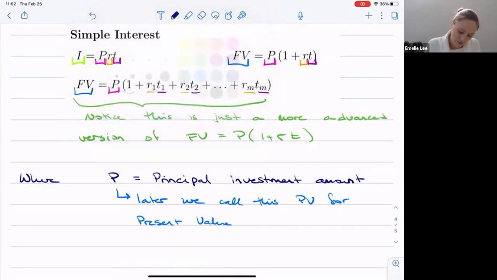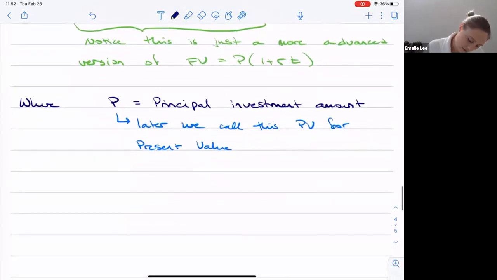We need to establish what r is. So lowercase r is going to be the annual interest rate, but we have to use a decimal. So even though we talk about, okay, I'll give you 2% interest, you would have to use 0.02 in your calculations.